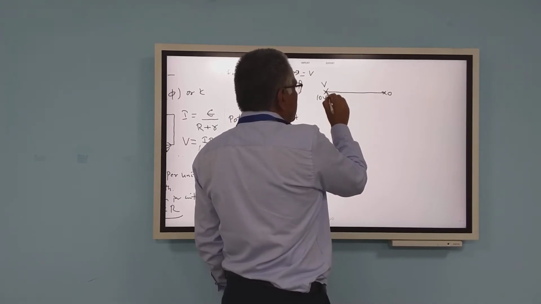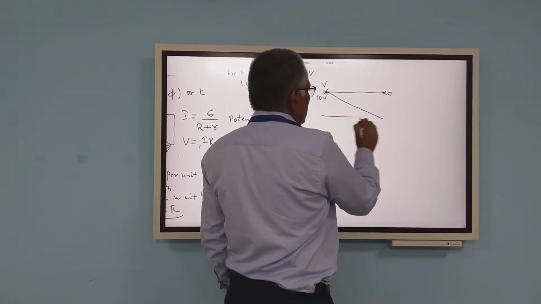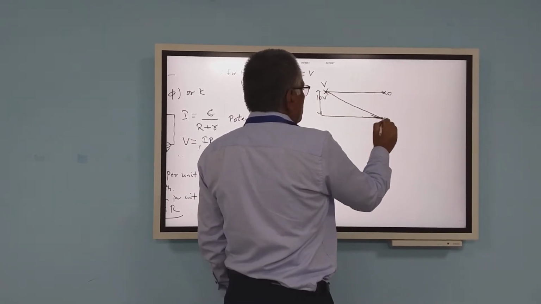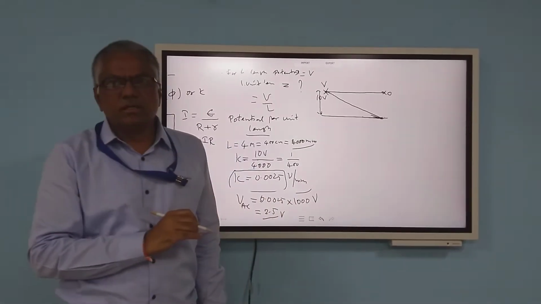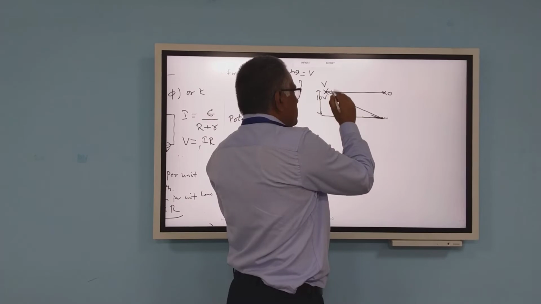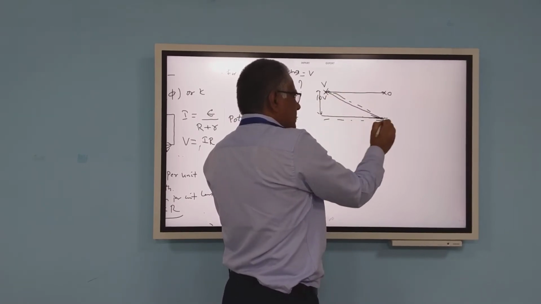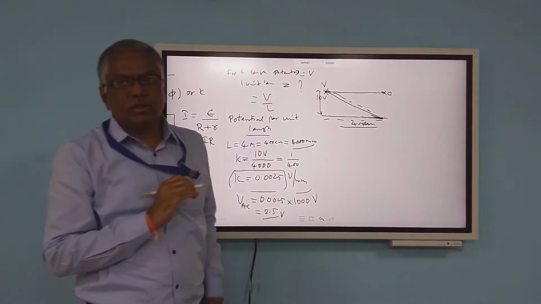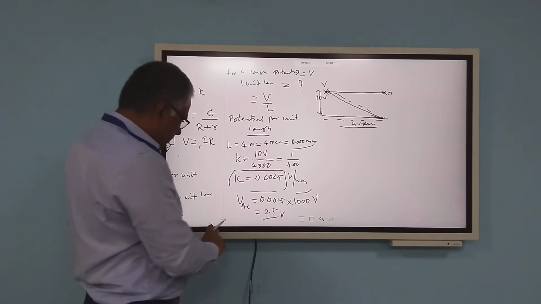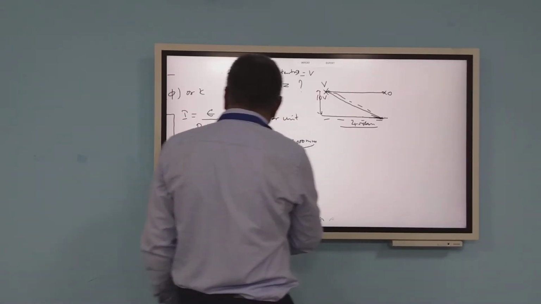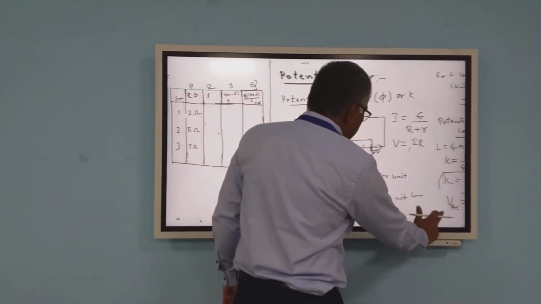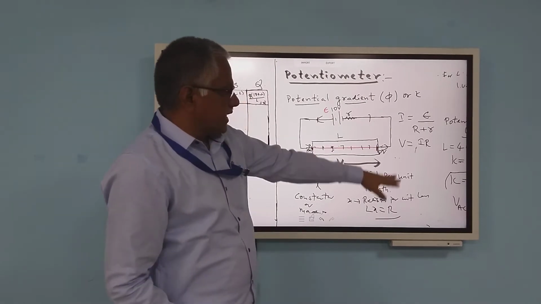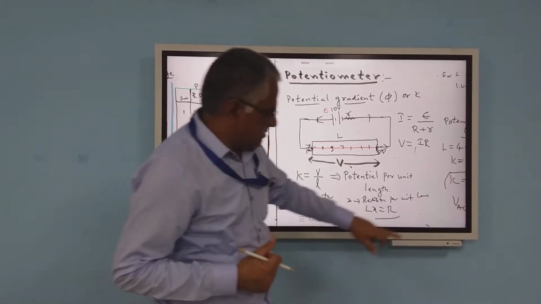As the length L increases to 400 centimeters, the potential decreases from 10 to 0. This is known as the potential gradient. Once we know the potential gradient, we can find out the EMF of the cell.